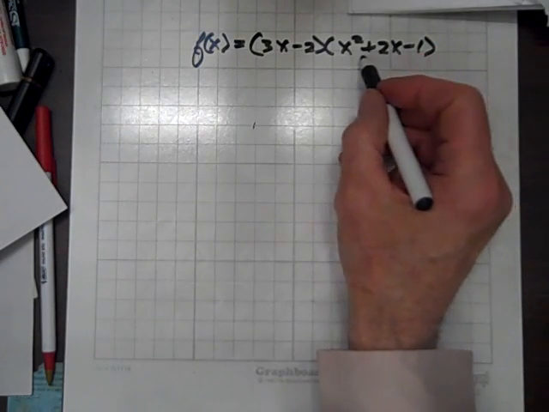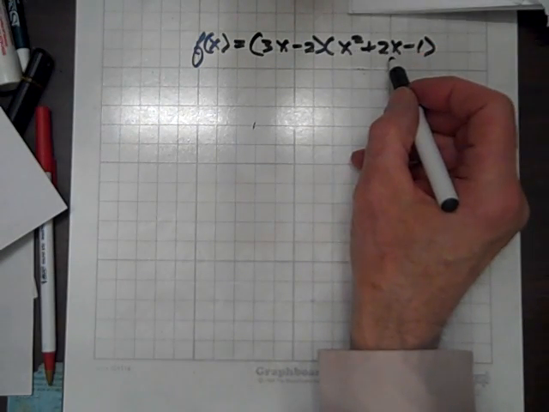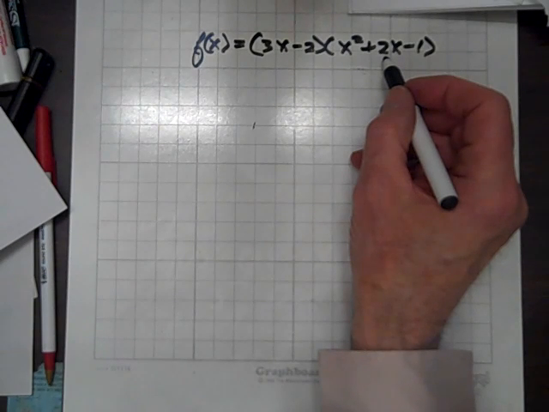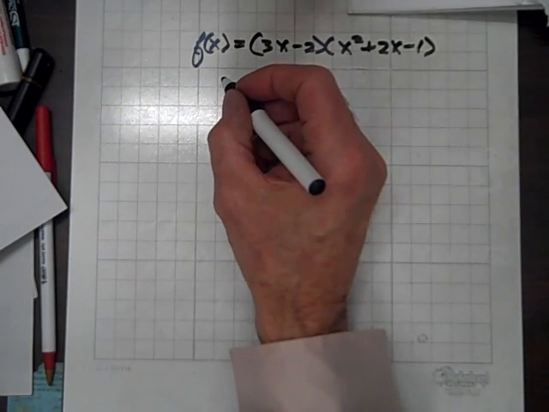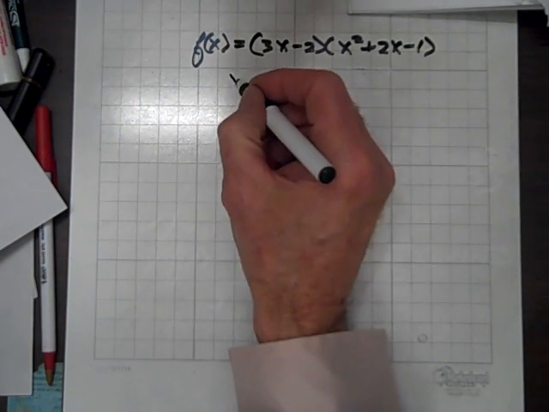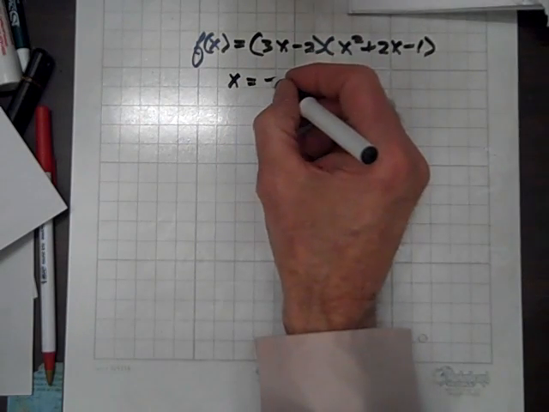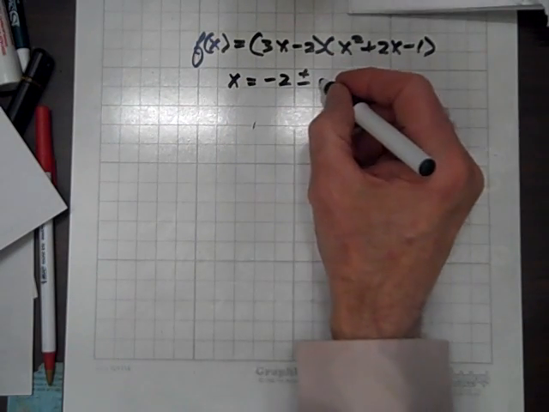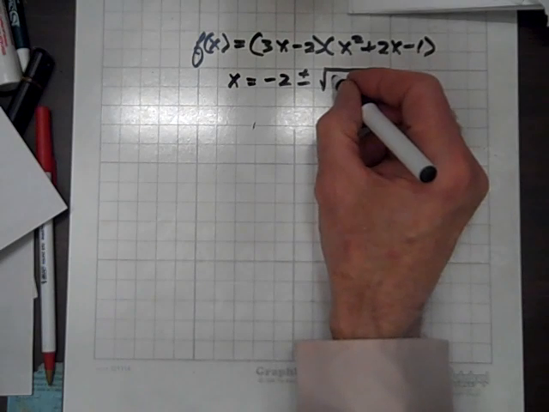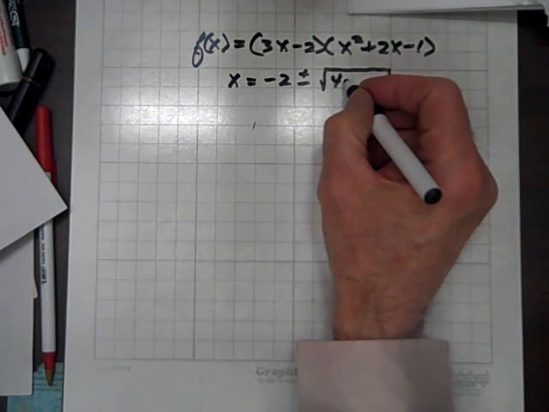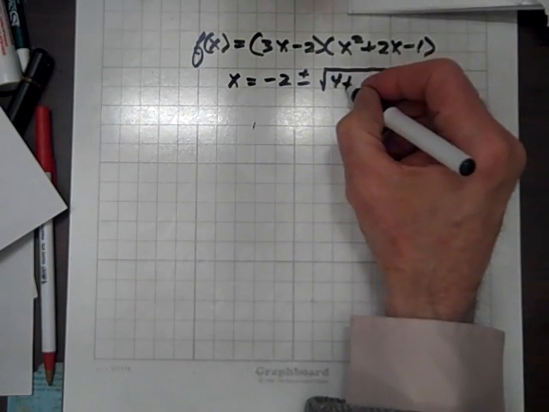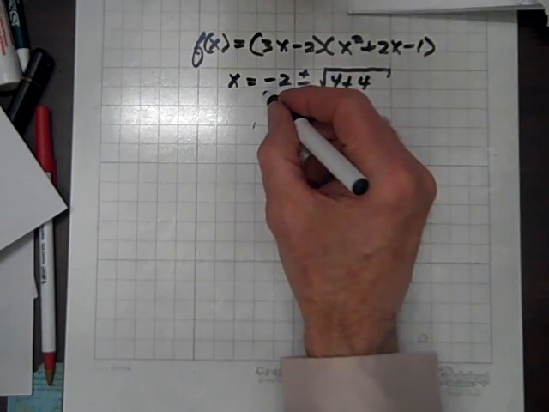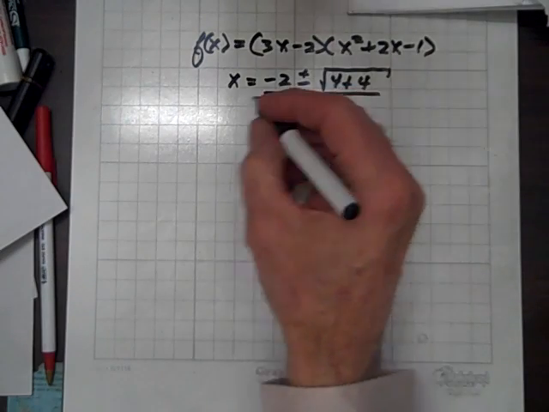Our next task is to find the zeros of this quadratic factor. This factor does not factor, so we'll use the quadratic formula. X equals minus 2 plus or minus the square root of 4 minus 4 times negative 1 is plus 4, all over 2.